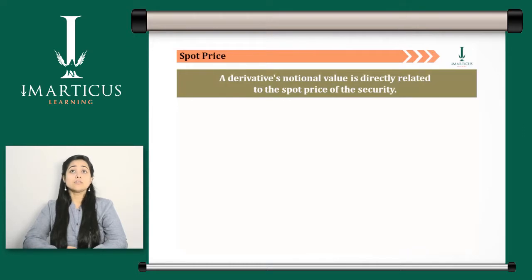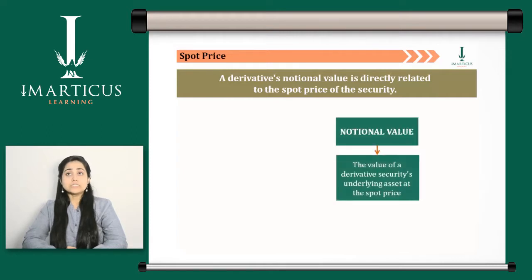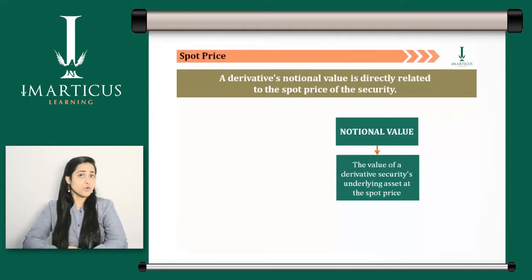A derivative's notional value is directly related to the spot price of the security. To calculate the notional value of a derivative security, the spot price must be known. The spot price is the current market price of the security, and the notional value is the total value of the security's underlying asset. The notional value is commonly used to calculate the value of contracts for options, futures, forwards, and foreign exchange markets.